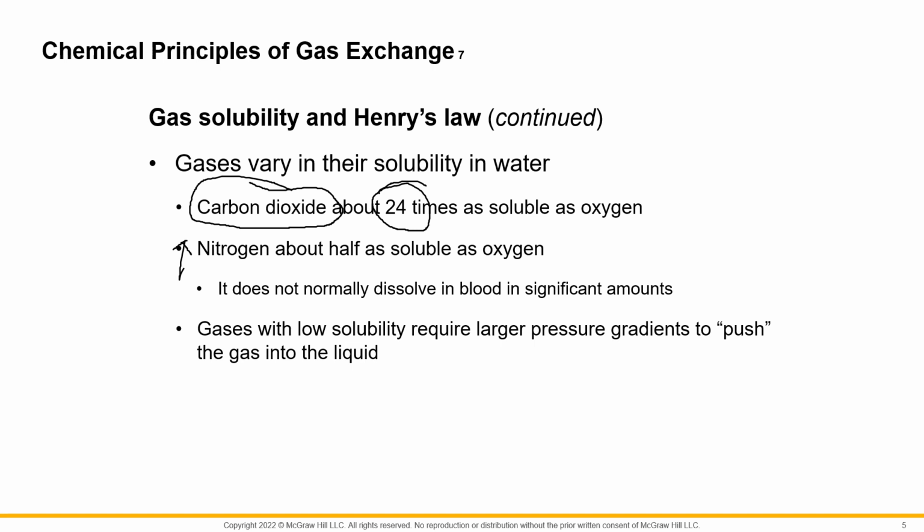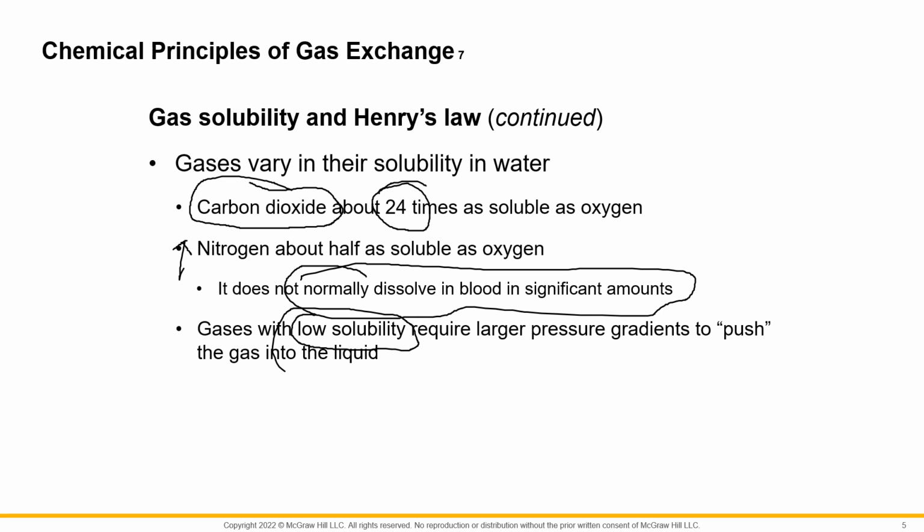Because of that, it does not dissolve in blood, despite being in a higher volume and higher pressure in Earth's atmosphere. Essentially, gases that have low solubility coefficients have to be pressurized to a much larger extent than gases with a higher solubility coefficient.